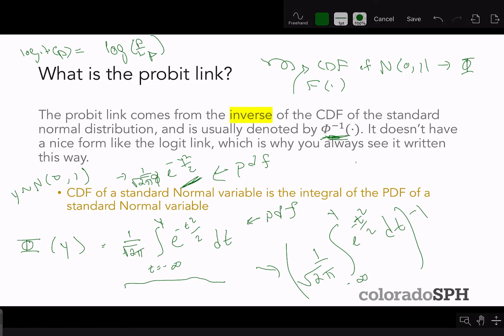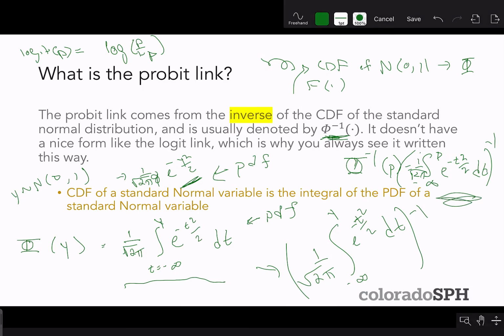So you're going to have the probit link, so phi inverse of p is the integral from negative infinity to p of 1 over square root of 2 pi e to the negative t squared over 2 dt, and then take the inverse of that. So I'm never going to ask you to do any calculations with this actual form. I just wanted to show you what it looks like and where it's coming from.